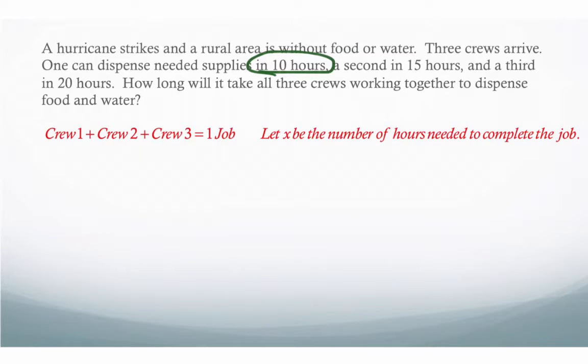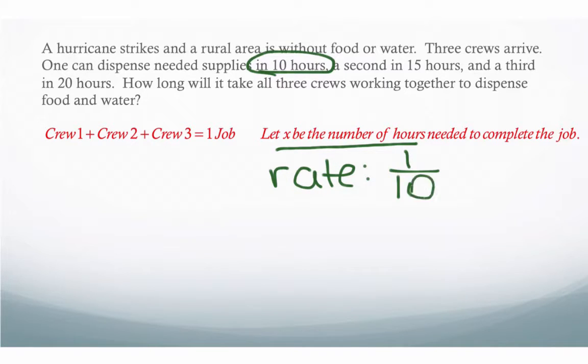So that means every hour that passes, 1/10 of their job is complete. So crew 1 has a rate of 1/10 times x, because 1/10 of the job is done every hour. When I have 10 hours, I have the entire job completed.